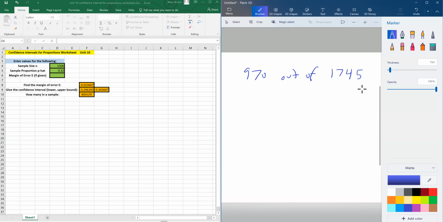I'm totally making up some stuff. Well, that means you have to realize they're not giving you your p-hat. You would have to calculate it yourself by doing 970 out of 1745.